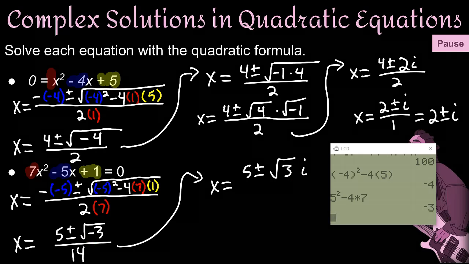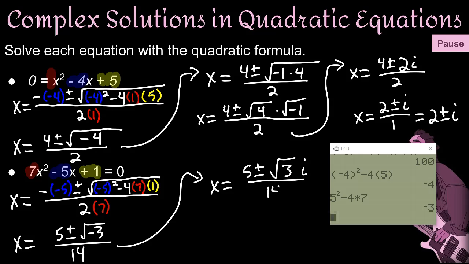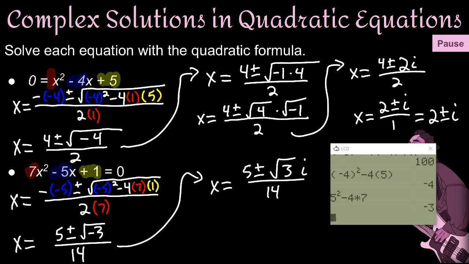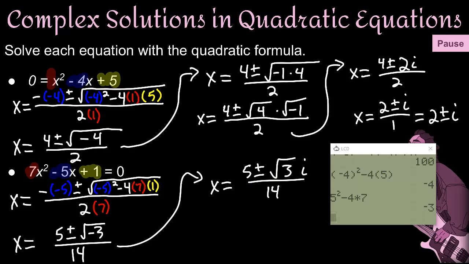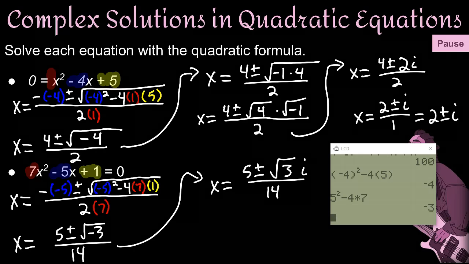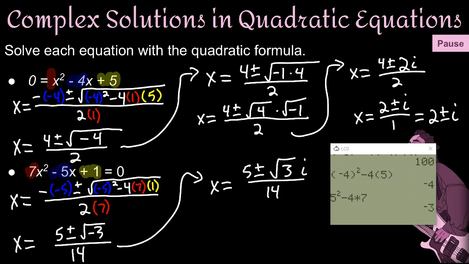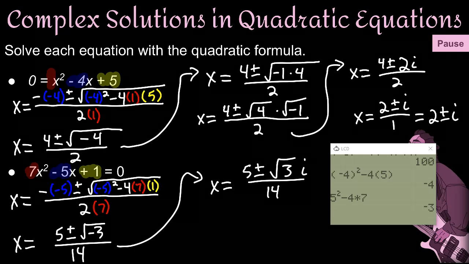And then all of that is over 14. And because we just have a 1 out here in front, the 5, 1, and 14, they're not all divisible by anything. So that's our final answer for our complex conjugate solutions.